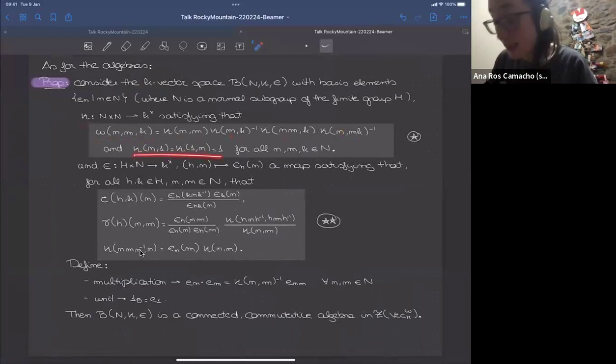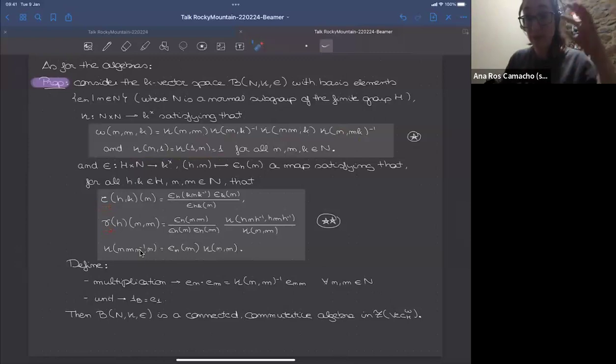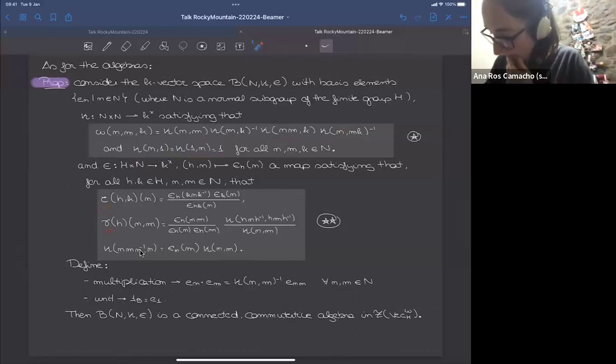There is some normalization condition if you happen to have the unit of the subgroup. And this is how you relate tau and gamma. Remember, tau and gamma appear as part of the structure of the Dijkgraaf-Witten modules. And this is how you relate them to epsilon. And here, how you relate gamma with kappa and epsilon, and how you relate kappa with epsilon.